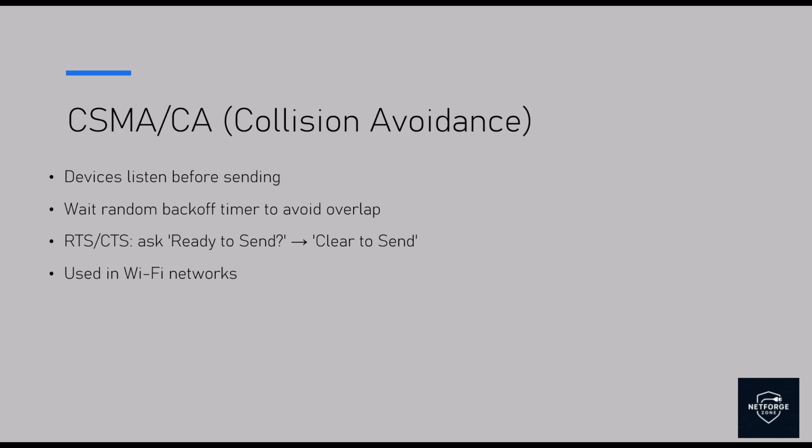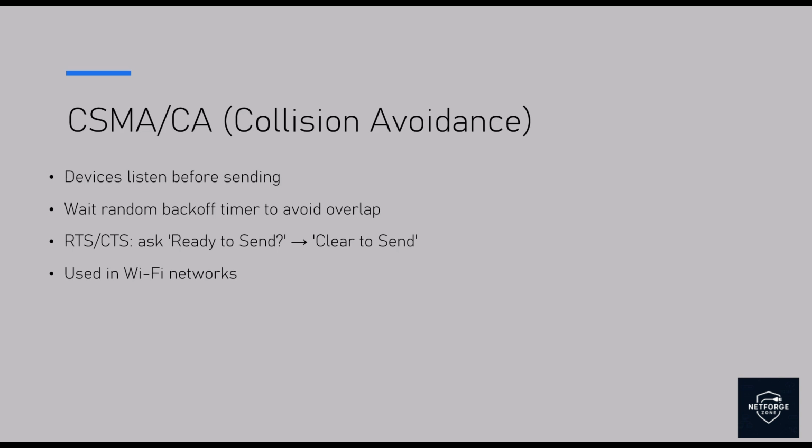What are the steps? The first step, devices will still listen before talking. So if nobody's talking, then we are going to start talking. So before sending, they also wait a random backoff time. So I want to speak, but I'm just going to wait a little bit more. And sometimes they send a request to send, something like you are an airplane on a runway before pushing the thrust lever.